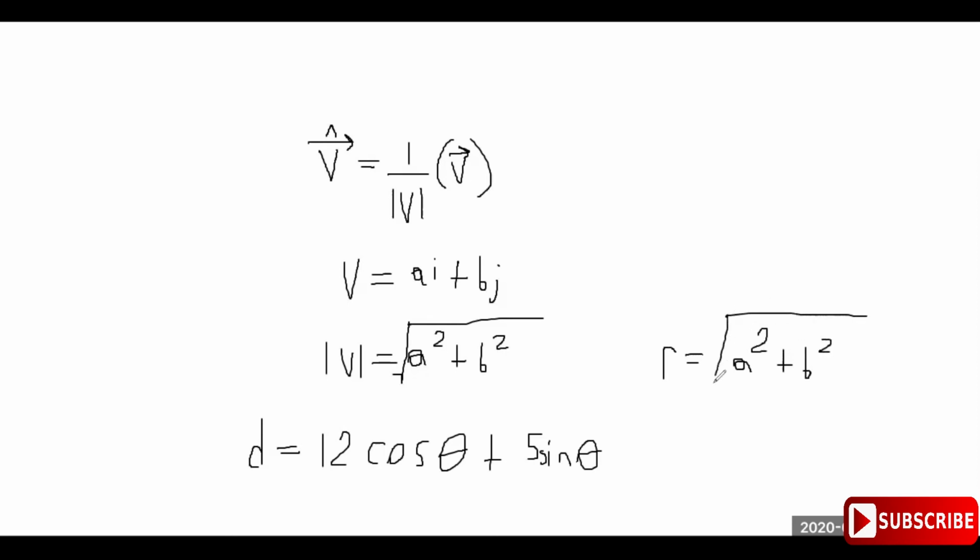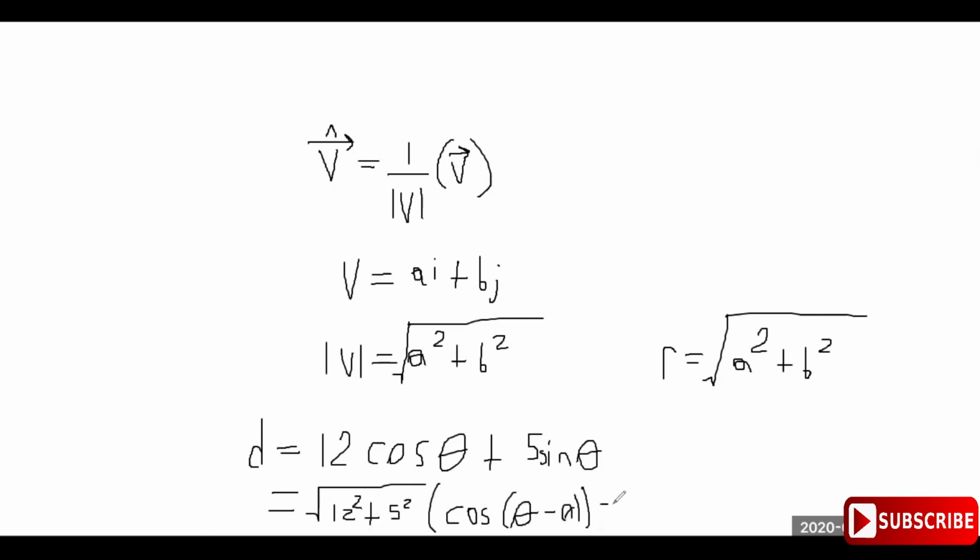That's how you find r. So in the r cos form, it's going to be 12 squared plus 5 squared all square rooted, that's 13, times the cos of theta minus alpha.